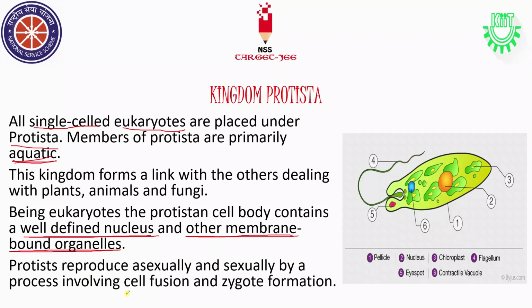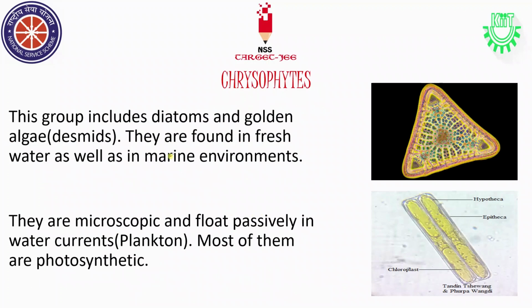Protists reproduce asexually and sexually by the process of cell fusion and zygote formation. वो कैसे reproduce करते हैं? They can reproduce both sexually and asexually by the process of cell fusion and zygote formation.